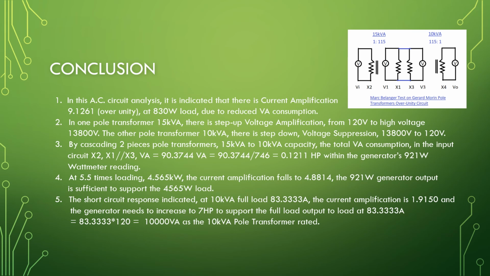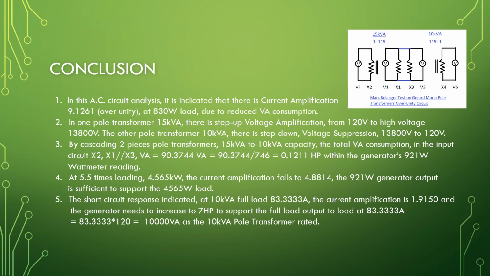By cascading two pole transformers, 15 kVA to 10 kVA capacity, the total VA consumption in the input circuit, X2, X1 parallel X3, is 90.3744 VA.